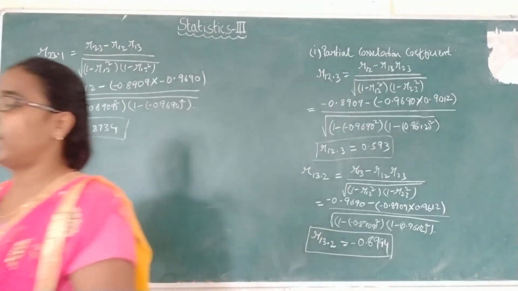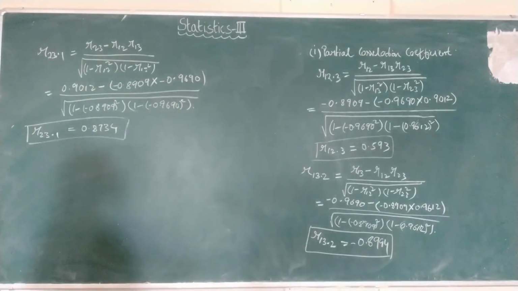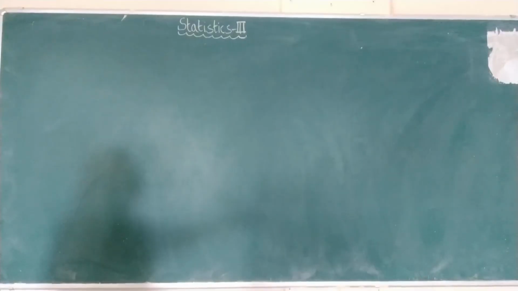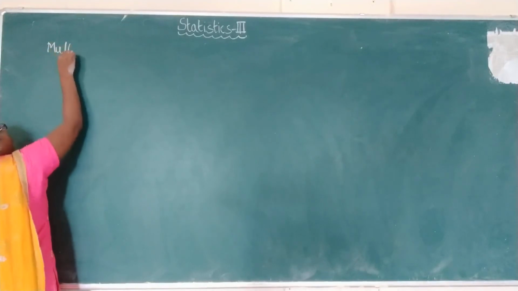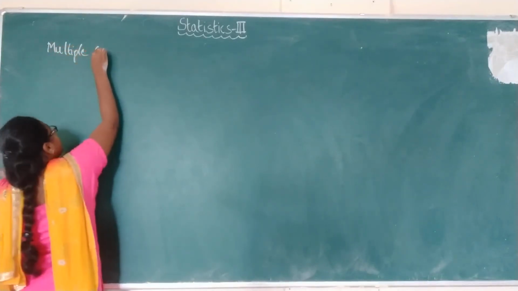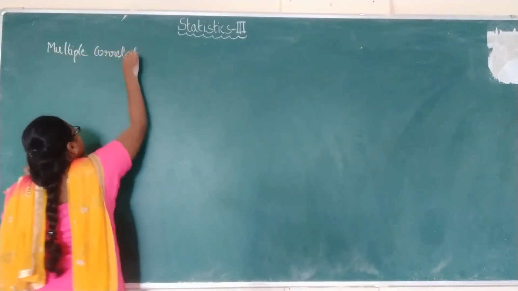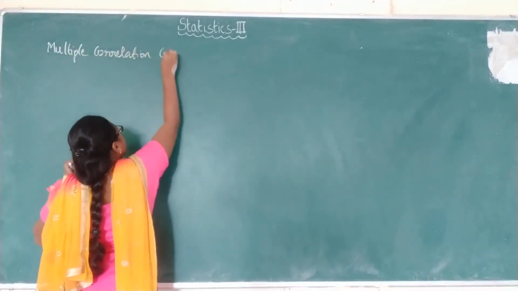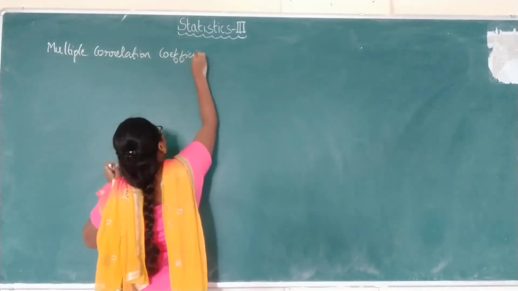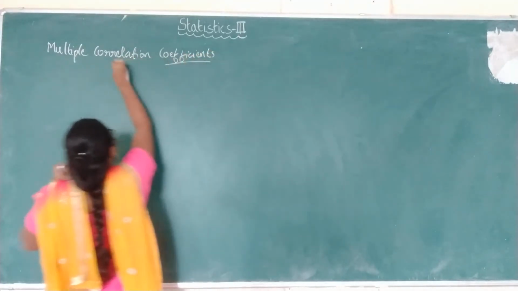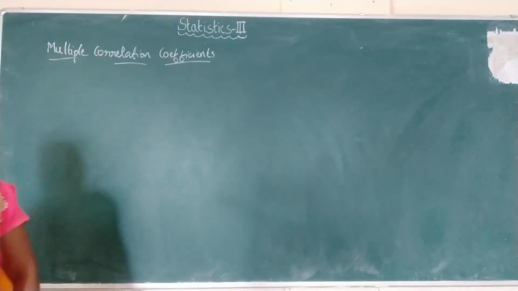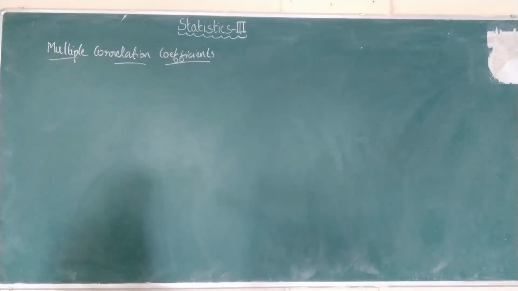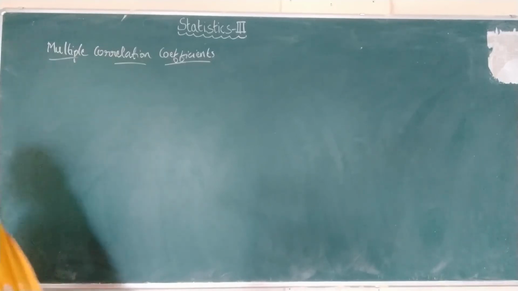Next we will be finding the multiple correlation coefficients. Multiple correlation coefficients are denoted with capital R, so you write capital R square and apply the square root for that.